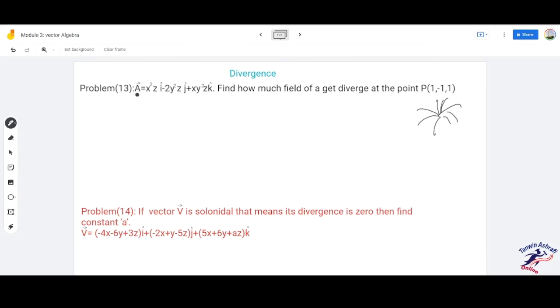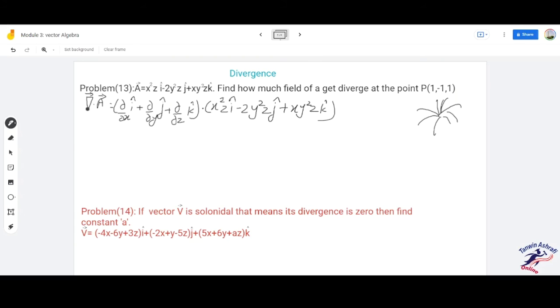Okay, so for the divergence we need to find the divergence of A. So we have to find del dot A. Del operator as usual, ∂/∂x i cap plus ∂/∂y j cap plus ∂/∂z k cap, dot product with x² z i cap minus 2y² z j cap plus x y² z k cap.